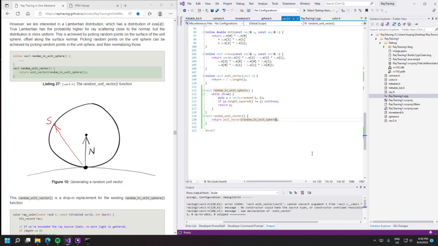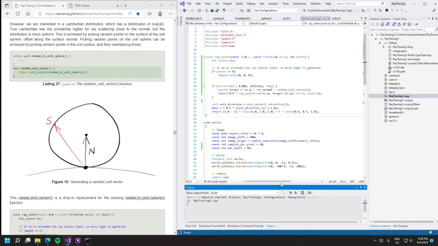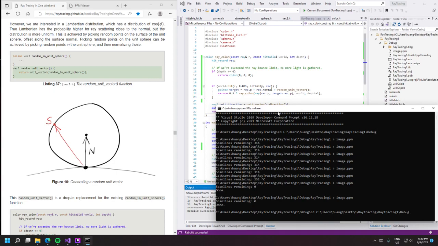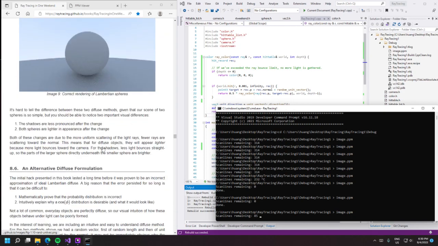Oh, okay, we are missing parentheses. Okay, and we'll continue reading.